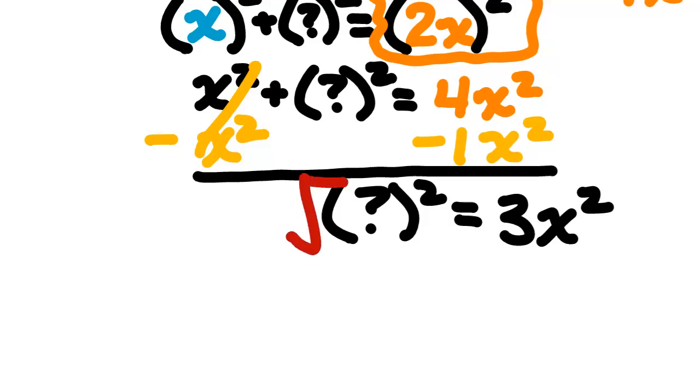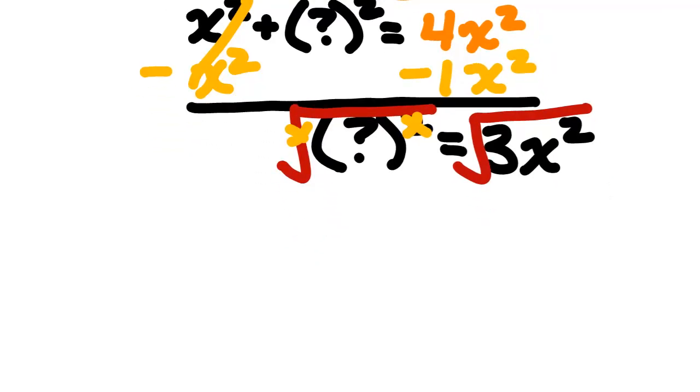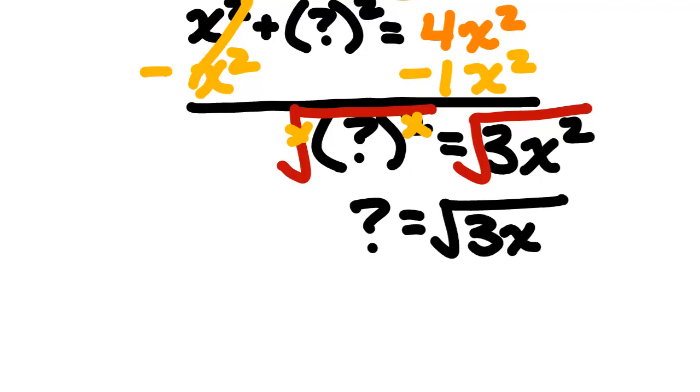So we're going to square root both sides. If you do it to one side, you have to do it to the other. On the left, the squared and the square root cancel each other out. And so I have question mark equals the square root of 3x squared. What's going on between the 3 and the x squared? Multiplication is happening in between them.